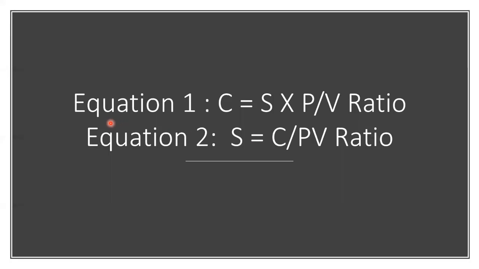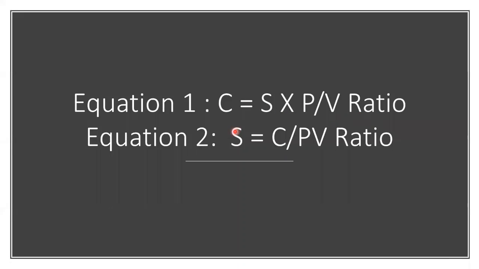There are two fundamental equations that one needs to keep in mind. Contribution is equal to sales into profit volume ratio. Because, in other words, contribution to sales ratio is what we say profit volume ratio is. So, if contribution is not given, but profit volume ratio is given and sales is given, we can find the contribution by multiplying sales into profit volume ratio, right?